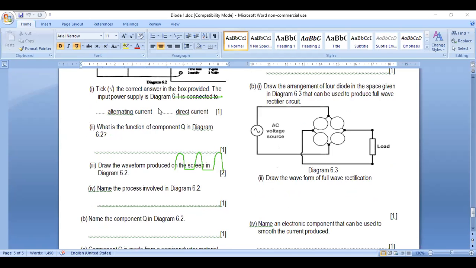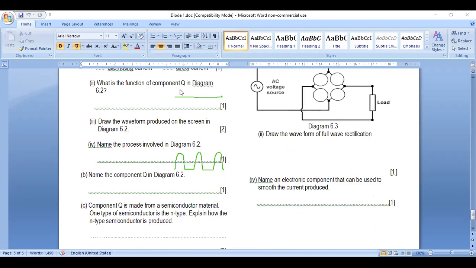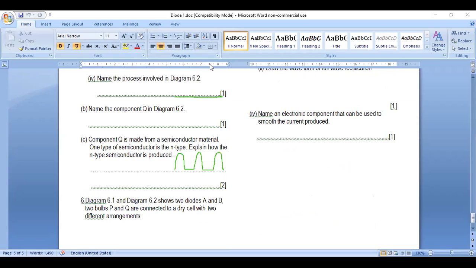Now, name the process involved. The process will be half wave rectification. Name component Q. Component Q is known as diode. Component Q is made from a semiconductor material. One type is N-type.